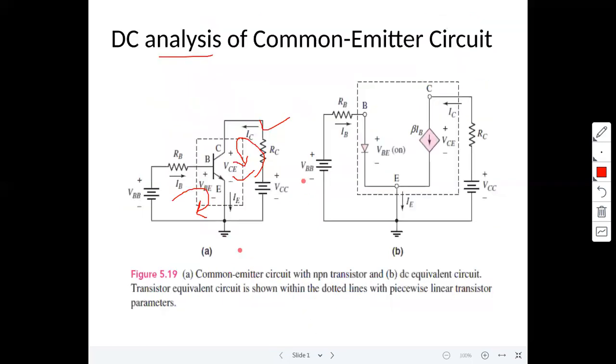Now apply it to the input side loop; consider the polarity, plus and minus. VBB minus IB into RB minus the drop across this diode, observe in the equivalent circuit figure B. So VBB minus IB RB minus VBE is equal to 0.